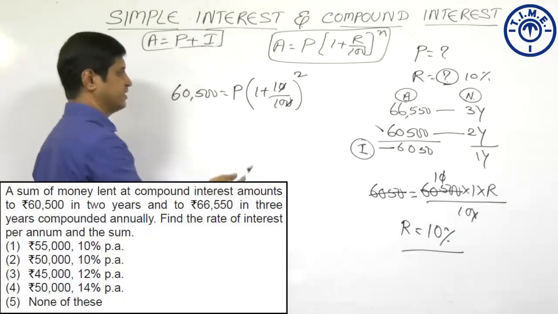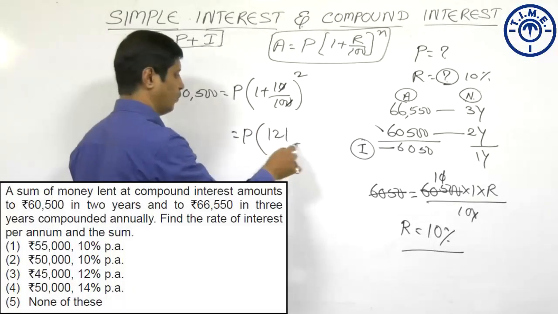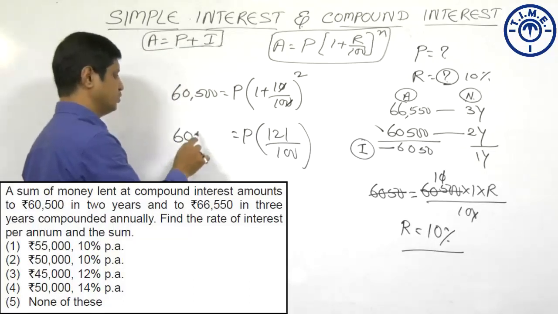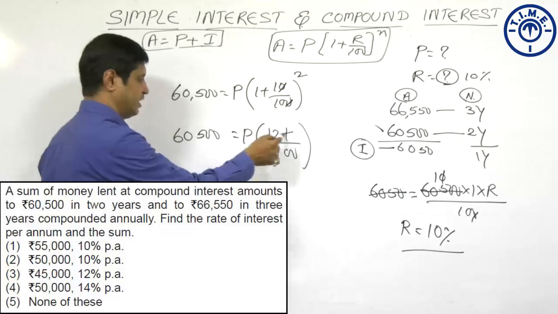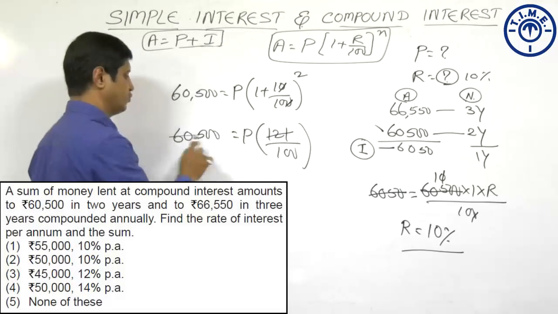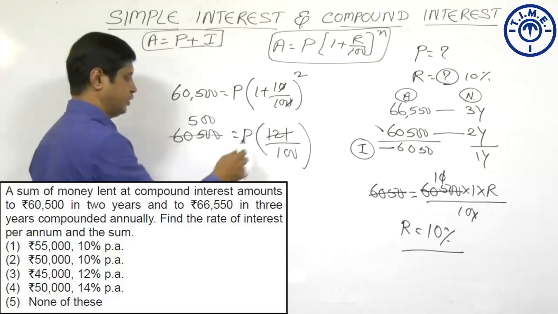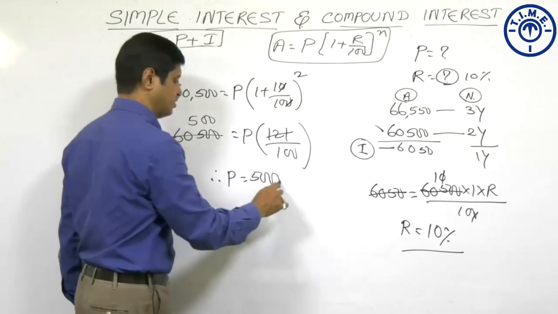Zero to zero gets cancelled, 10 plus 1 is 11, 11 square is 121 by 10 square, 100, is equal to 60,500. Exactly 121 goes 5 times, 5 times means 500. 500 into 100 is 50,000 rupees.